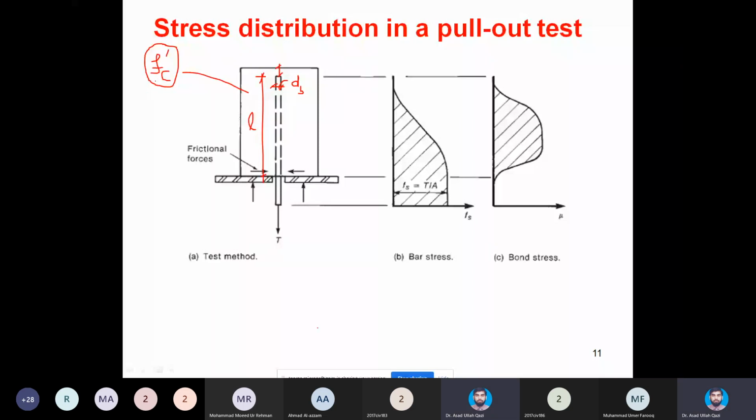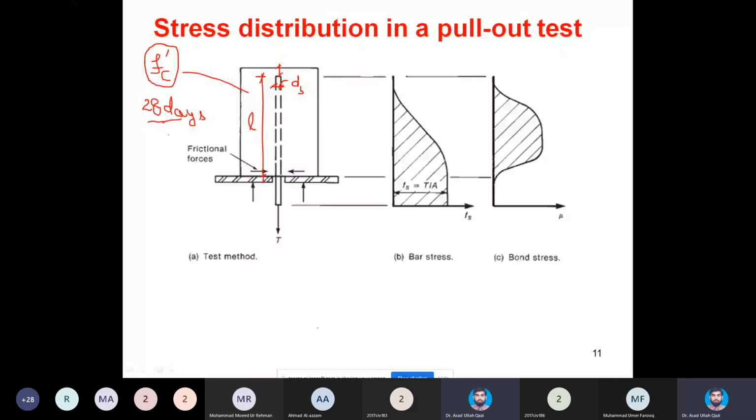Those companion cylinders or cubes, you can crush at 28 days to determine the f'c of the concrete in the cylinder. So if you are planning to perform this pull out test at 28 days, at the same age you will crush the cylinders in the laboratory to correlate what is the compressive strength of the concrete you have used in the pull out test sample.